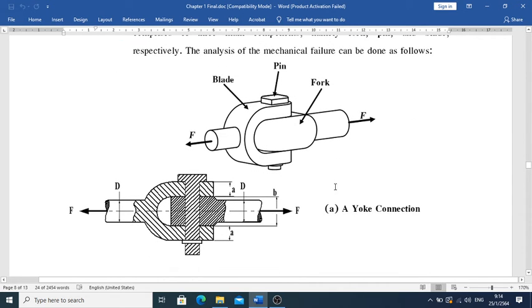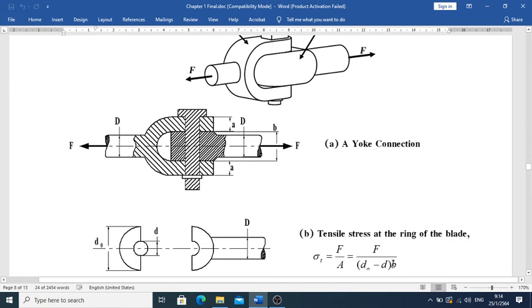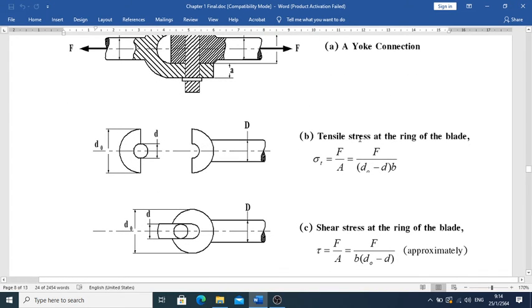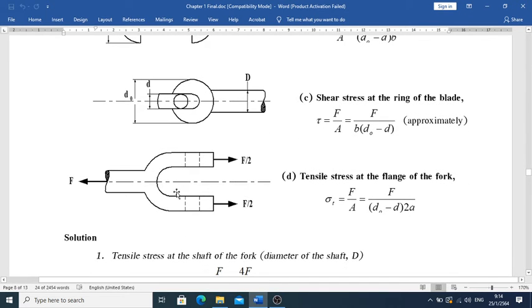So therefore, this is the dimension there. We have 3 components there. And this is what we mentioned about it. So the tension stress in the ring and the blade, and the shear stress are going to look like that. And then the tensile stress at the fork looks like that.